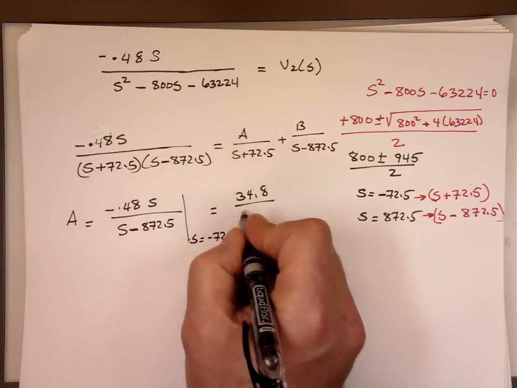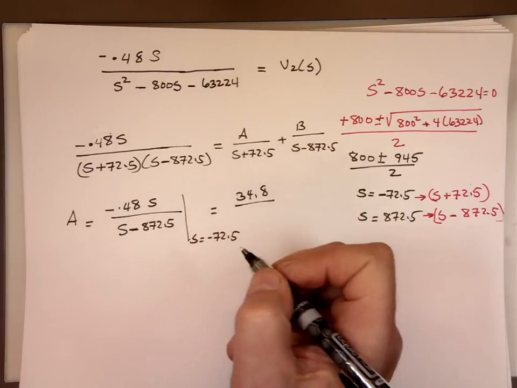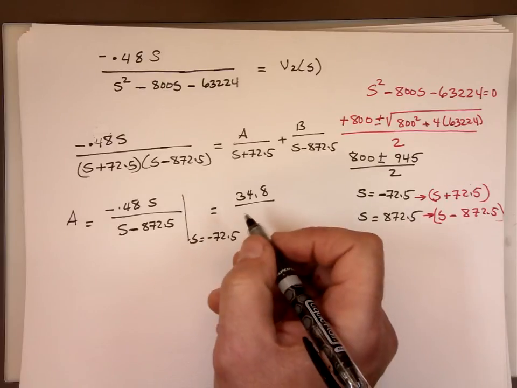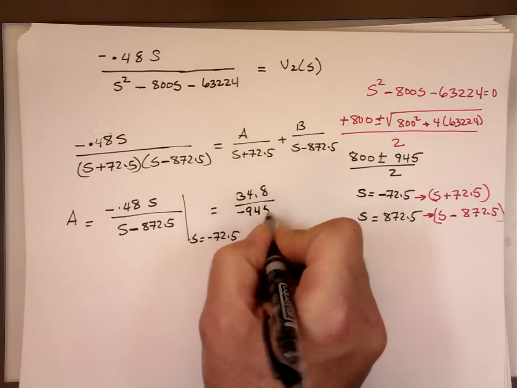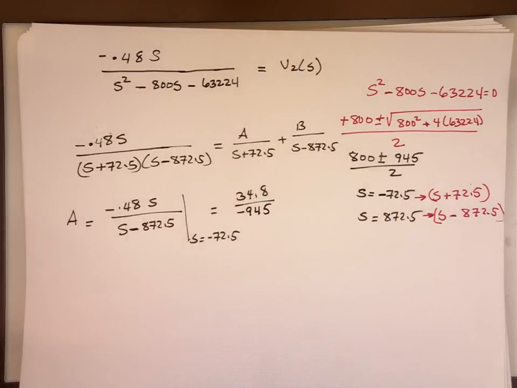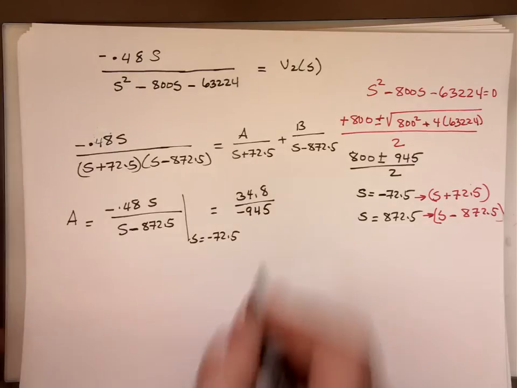Negative minus, 945, right? Yeah, that's what I said, negative 945. Okay, so now 34.8 divided by that number is negative 0.037. Yeah.